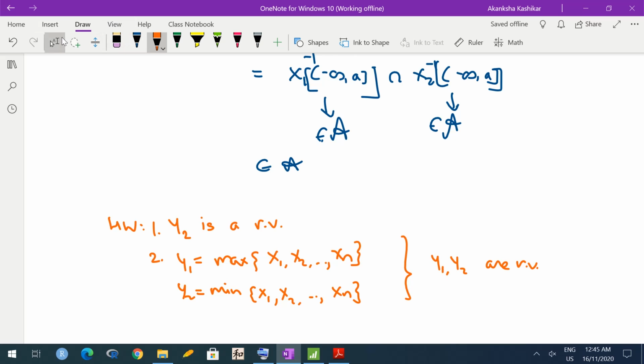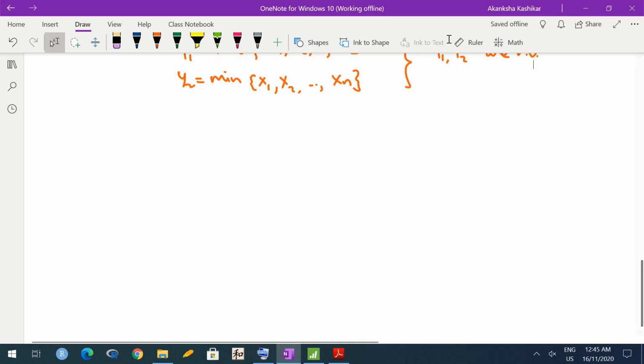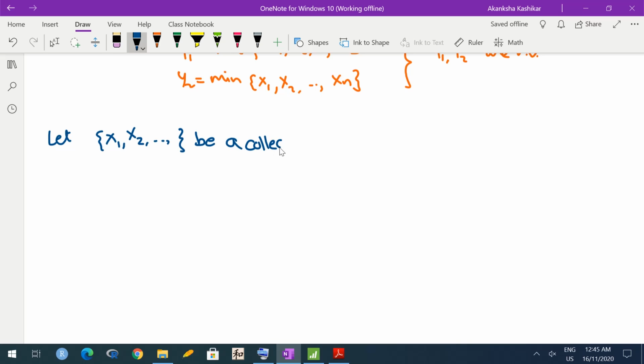Next step is to generalize it to the infinite case. In the infinite case, we don't call things minimum and maximum. We call them infimum and supremum. So let me state the result. Let X1, X2, etc. be a collection of random variables. It is a countable collection. It's not a finite collection.